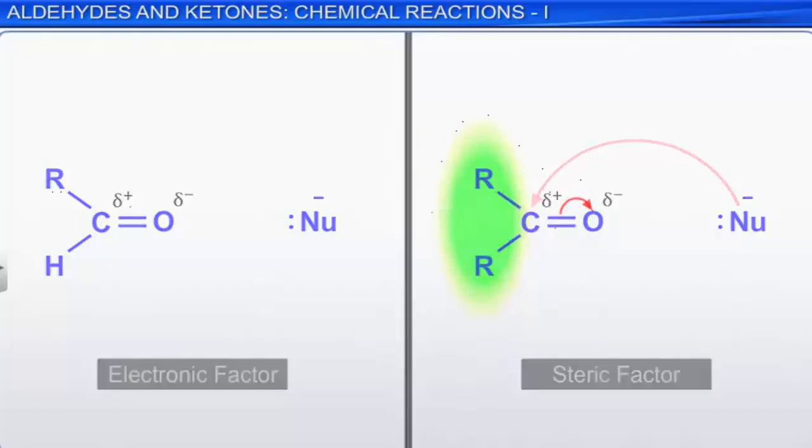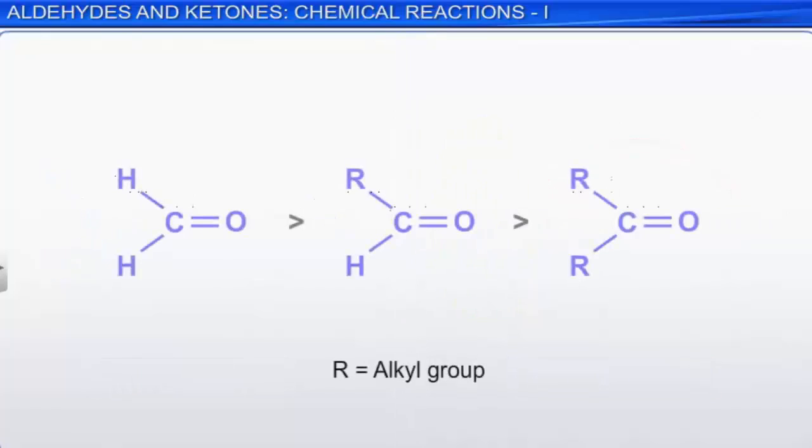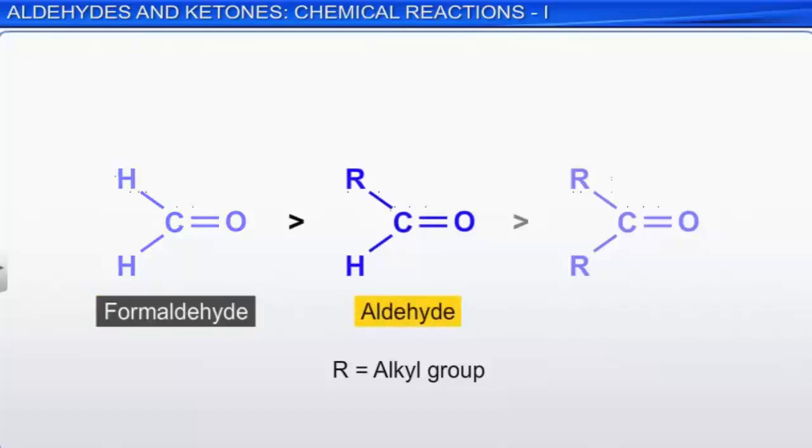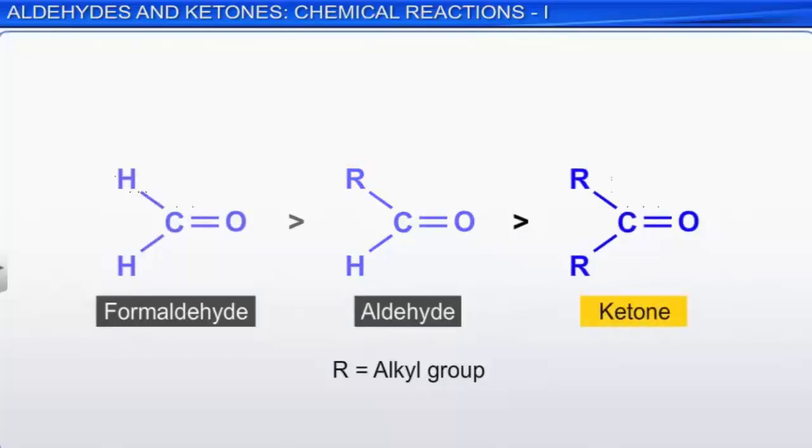Based on these factors, formaldehyde without any alkyl group is more reactive than other aldehydes with one alkyl group, which, in turn, are more reactive than ketones that contain two alkyl groups.